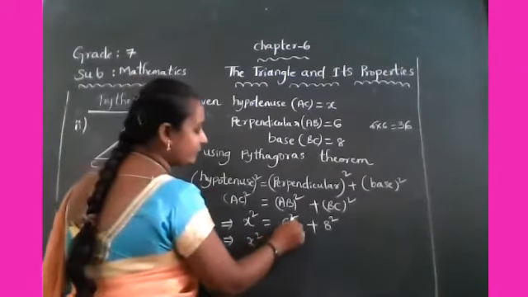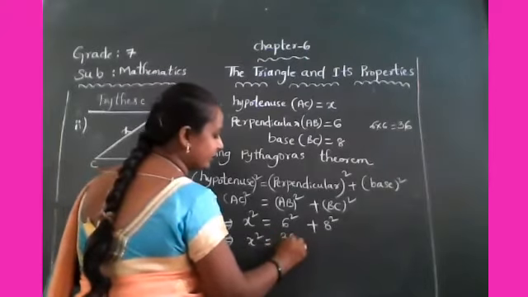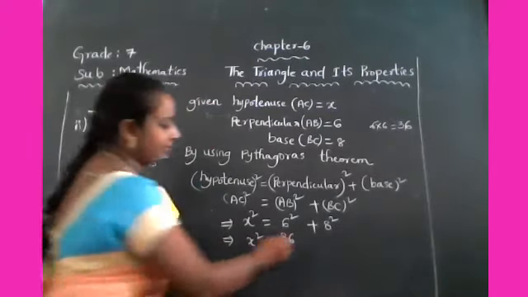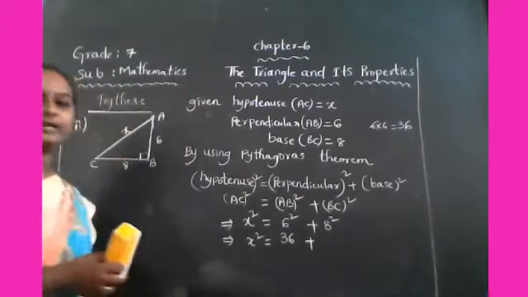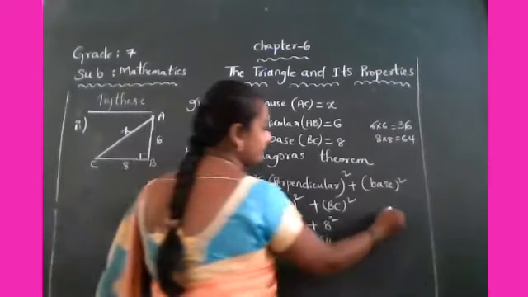Right, 6 square means 6 into 6, that is 36, plus 8 square. 8 raised how many times? 2 times, so that is 8 into 8, that is 64.